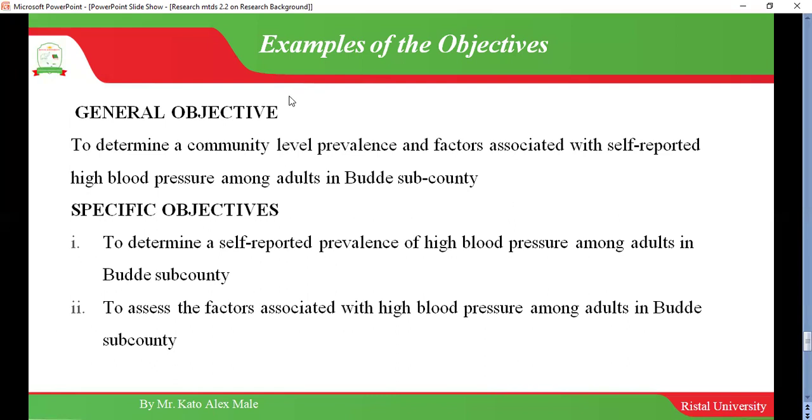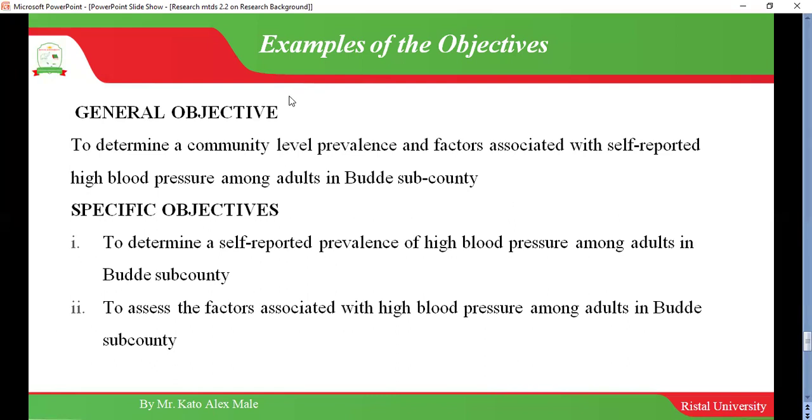Then specific objectives will say: to determine the self-reported prevalence of high blood pressure among adults in the sub-county. Then the second one will say: to assess the factors associated with high blood pressure among adults in the sub-county. You can say that the 2 specific objectives are obtained from the general objective.